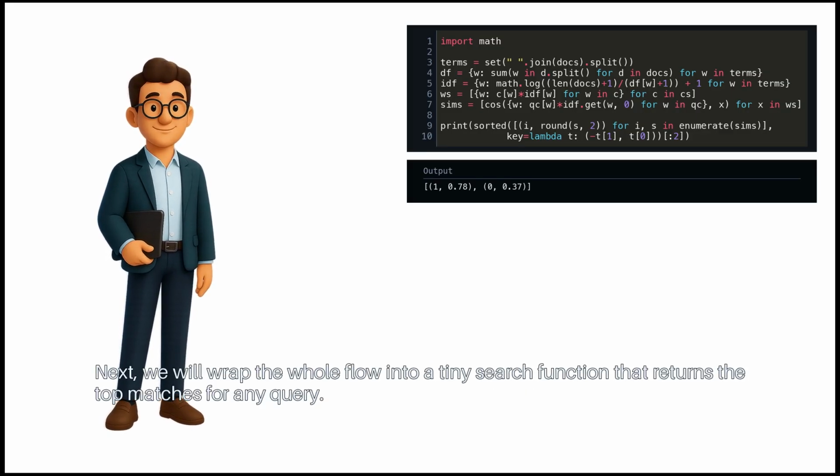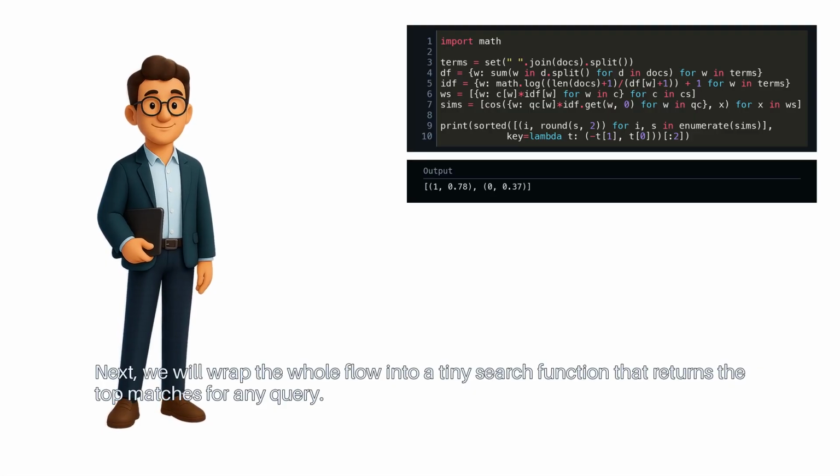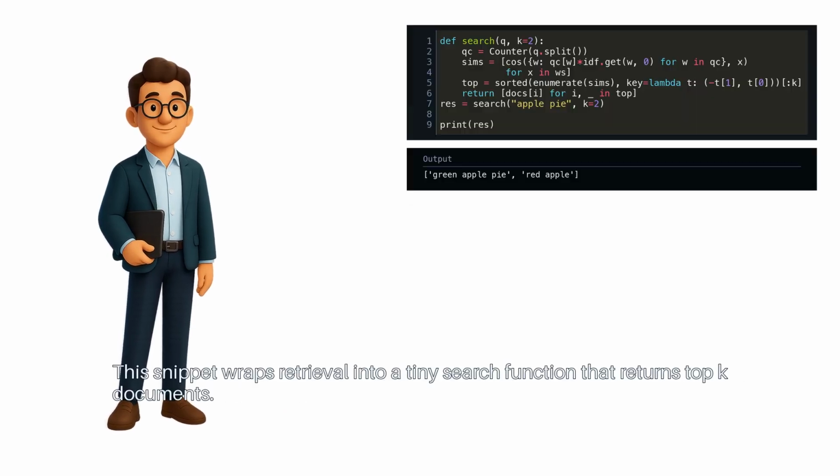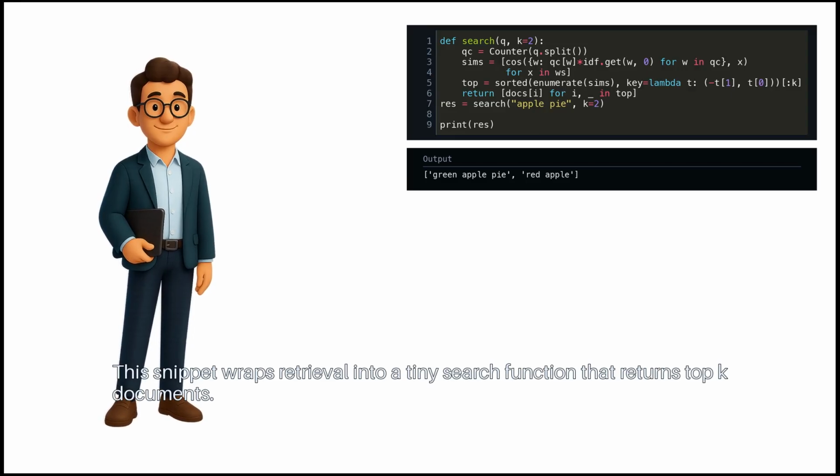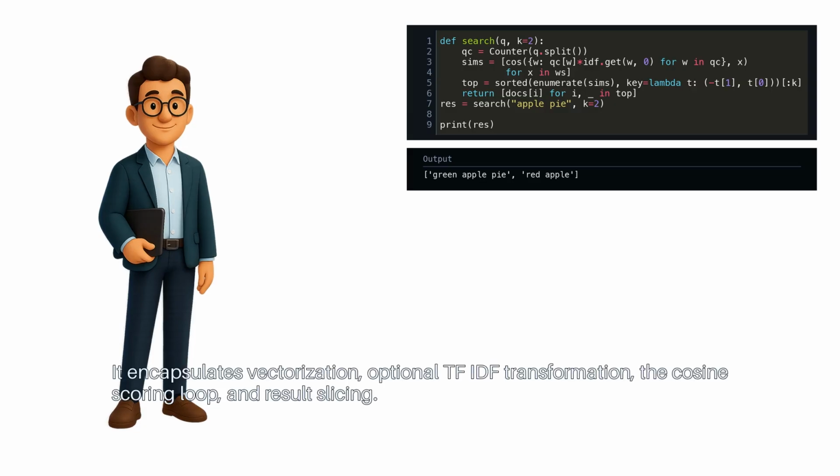Next, we will wrap the whole flow into a tiny search function that returns the top matches for any query. This snippet wraps retrieval into a tiny search function that returns top K documents. It encapsulates vectorization, optional TF-IDF transformation, the cosine scoring loop, and result slicing.